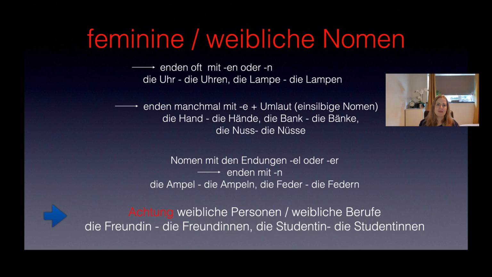But sometimes it comes with an e in the end and an umlaut, especially when they're einsilbige Nomen. Let me give you some examples for this. Die Hand, the hand, die Hände. Die Bank, that's the bench you're sitting on, die Bänke.